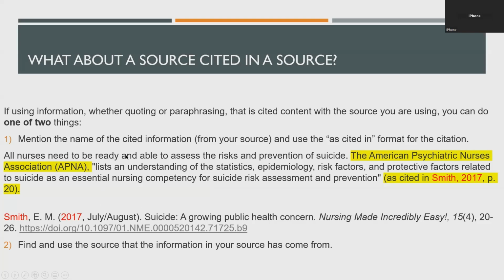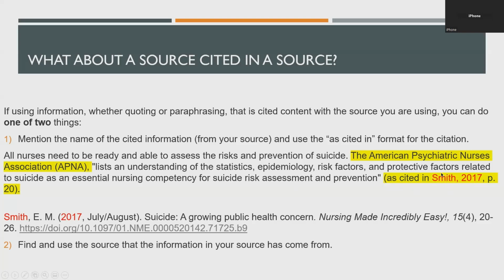All nurses need to be ready and able to assess the risks and prevention of suicide. The American Psychiatric Nurses Association, APNA, lists an understanding of the statistics, epidemiology, risk factors, and protective factors related to suicide as an essential nursing competency for suicide risk assessment and prevention, as cited in Smith. So what this here, as cited in Smith, this is the actual source that I read.